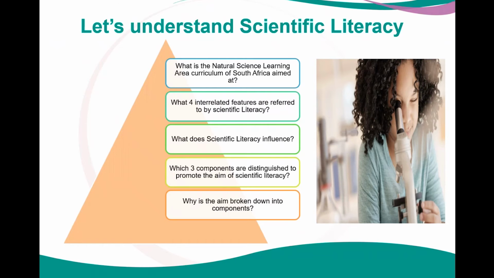The 3 components are scientific knowledge and concepts, the scientific process skills, and the scientific attitudes. And why is this aim broken down into components? Like I said previously, so that you can achieve an understanding within these 3 components. It's not easy to give the information in one lesson. It's something that gradually needs to develop, especially in our younger learners.